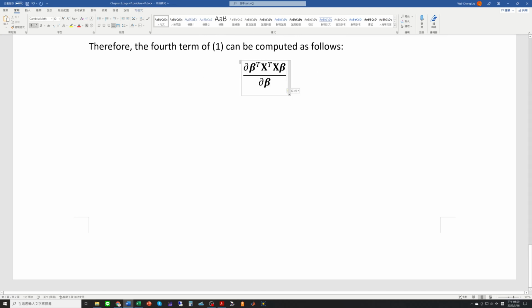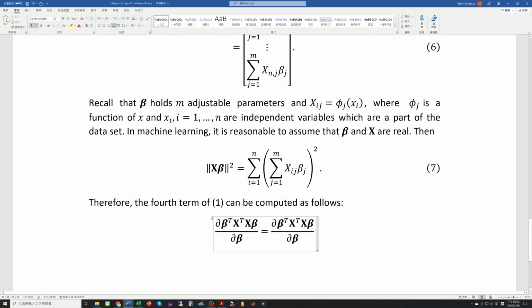So the partial of beta transpose x transpose x beta over partial beta is equal to the partial of the square of the norm of x beta over partial beta.